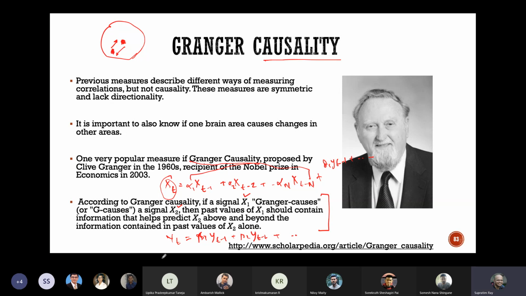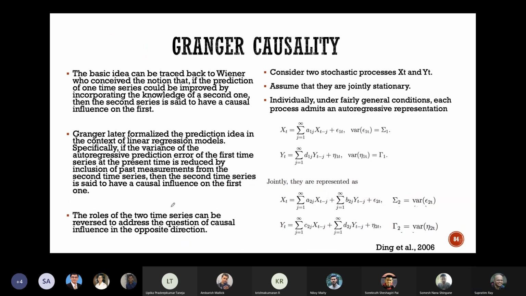Okay, does this concept make sense? What I'm going to tell you now is just the mathematical formulation of this simple concept. So let's look at the mathematical formulation.